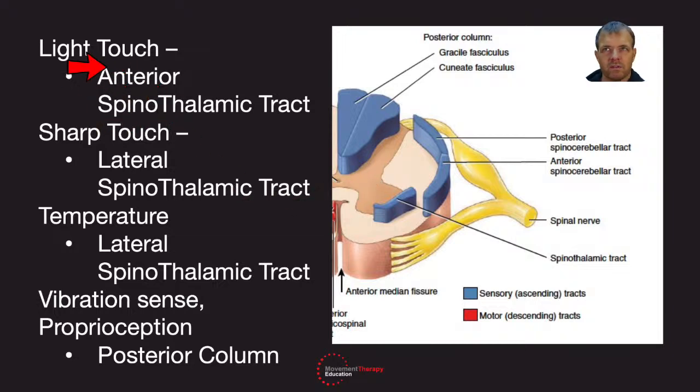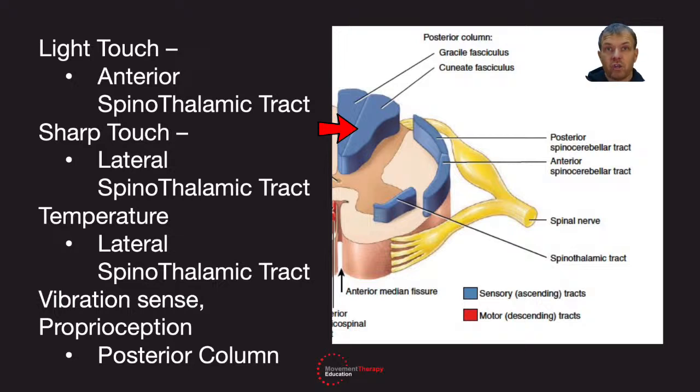There are all sorts of things that will affect your light touch, and especially this one as well, vibration sense and proprioception. So vibration sense and proprioception is the posterior column, so it's this area here, and that is one of the first senses that you lose if you suffer with diabetes.